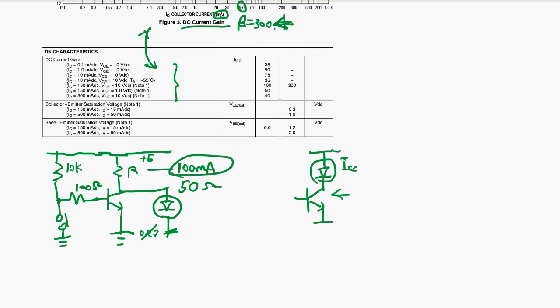If you have, say, 10 transistors, each transistor is different, so brightness becomes different for each LED.